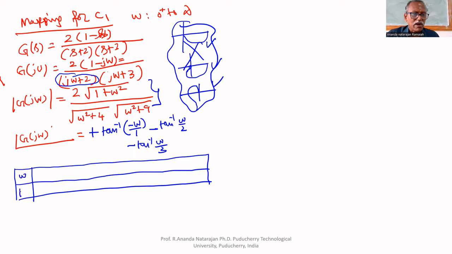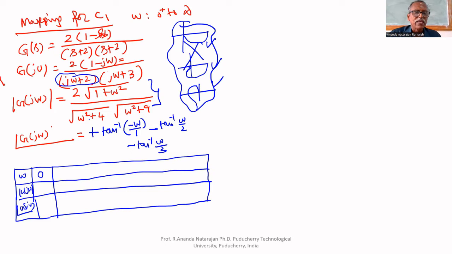Omega, modulus of G of j omega, and angle of G of j omega. Omega will not be useful to plot, but it will be useful to find the modulus and angle of G of j omega. When omega equal to 0, if you substitute omega equal to 0 here, you will get 2 by 6, that is 1 by 3, that is 0.33. 0.33 is the magnitude.